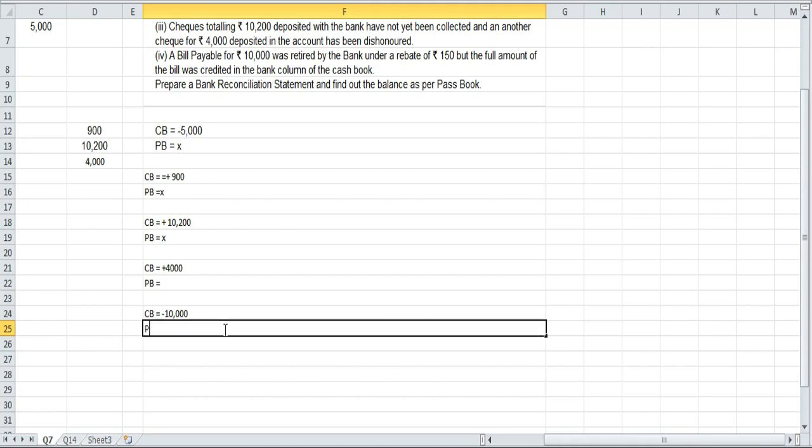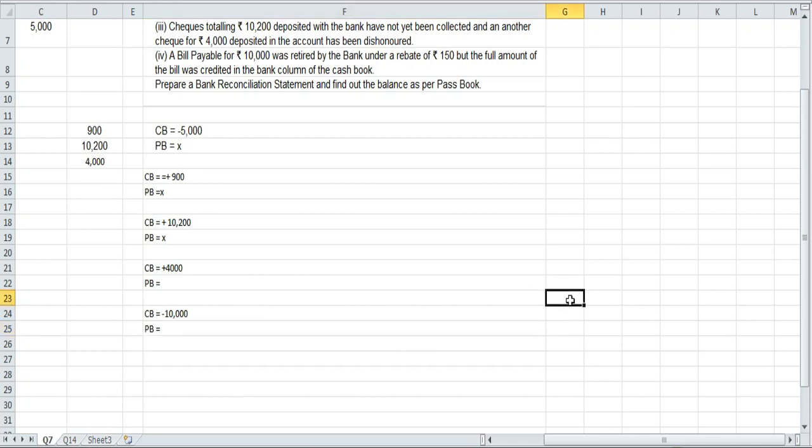That means the bank gave you how much, 150 discount.